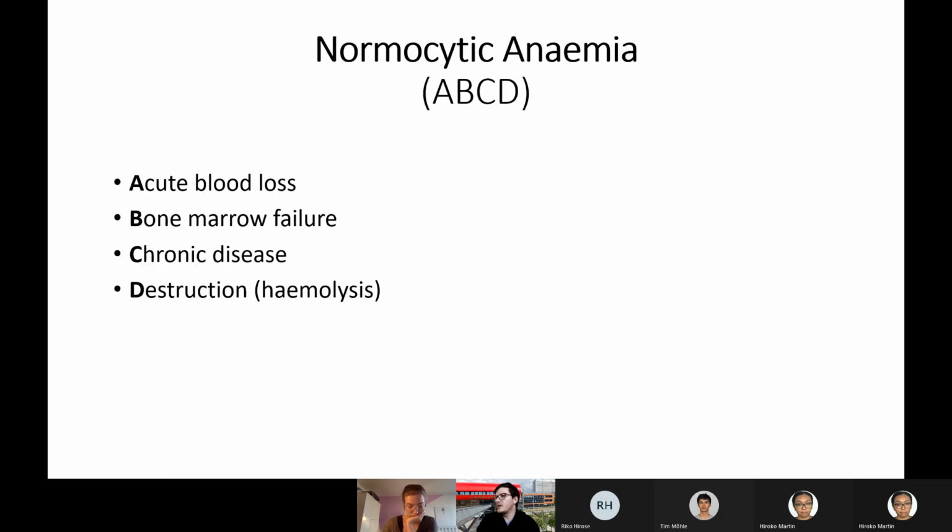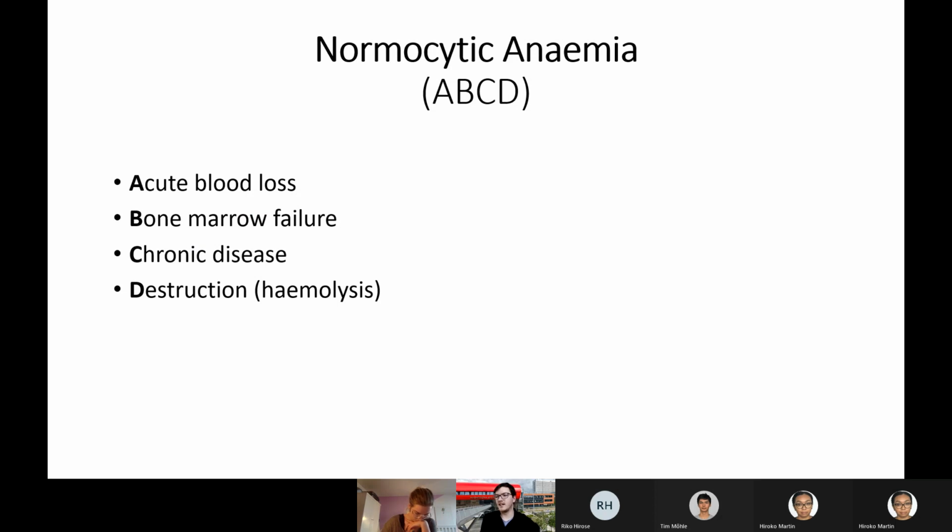So moving on to normocytic anemia, this is all the anemias where the red blood cells look more or less normal. It could be due to acute blood loss, according to this mnemonic ABCD. Those are all taken from the Toronto Notes, which is the book that I used to prepare for this lecture or seminar.